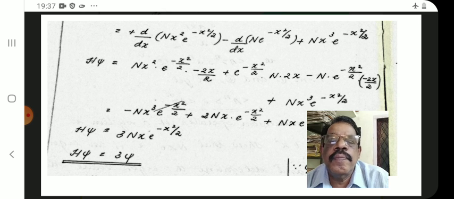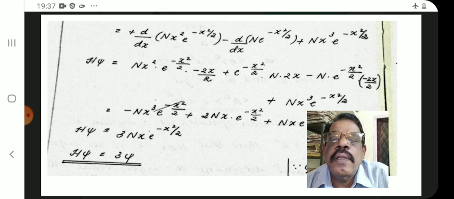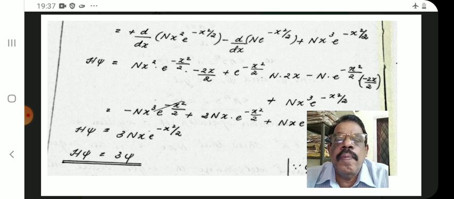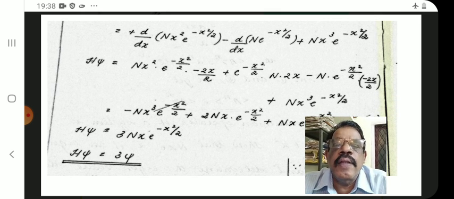The second term: it has only one derivative, there is no product formula. Minus n e raised to minus x square by 2 into minus 2x by 2. The last term we write as such without any change.